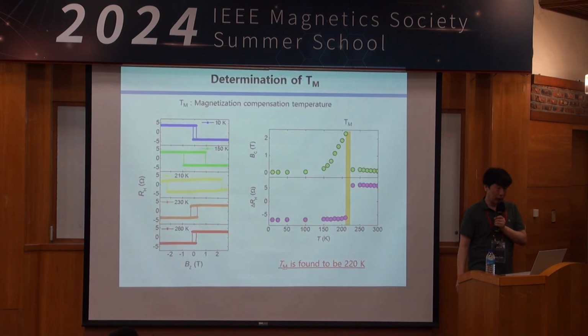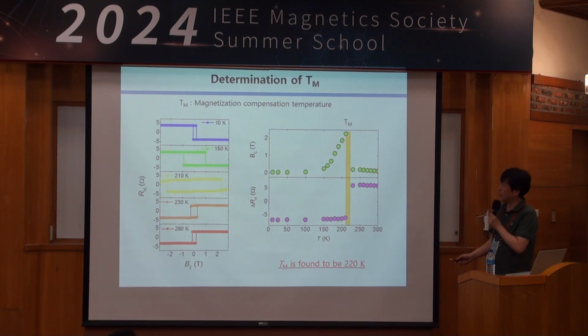They first measure the magnetization compensation temperature. That can be easily done by measuring the anomalous Hall resistance versus magnetic field along the z direction. So here it is clockwise, and the hysteresis becomes very large, and then the switching direction polarity is reversed.